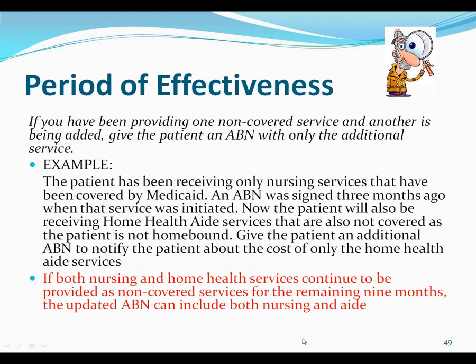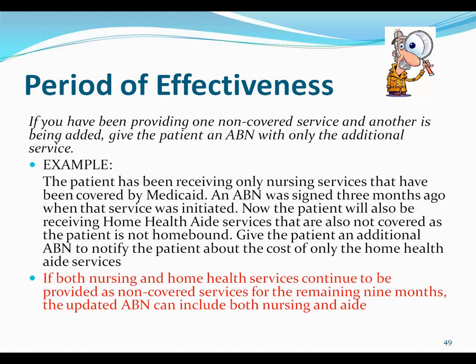Continuing with the period of effectiveness. This is an example. If you have been providing one non-covered service and then you add another one, you would give the patient a new ABN for that additional service. So this is a duly eligible patient who has been receiving nursing services for 3 months.